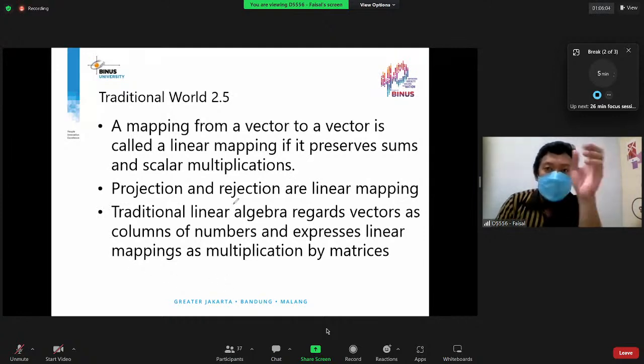So in the formula of projection in propositions 2.11 and 2.12, we use the inner product and the properties of addition. But we can also see the projection and rejection as a multiplication by matrices.